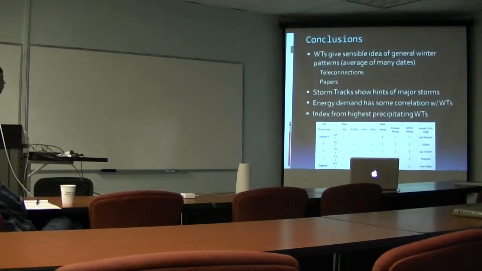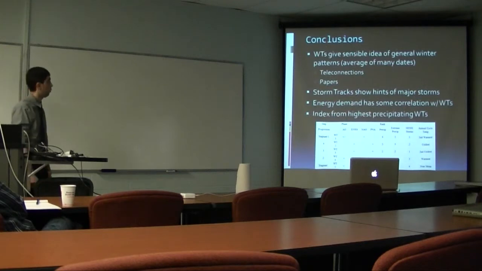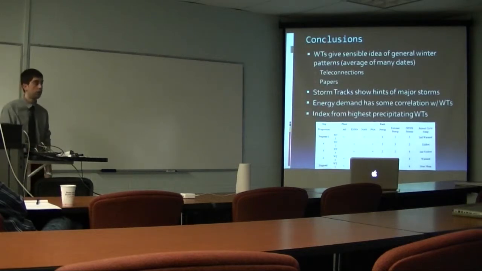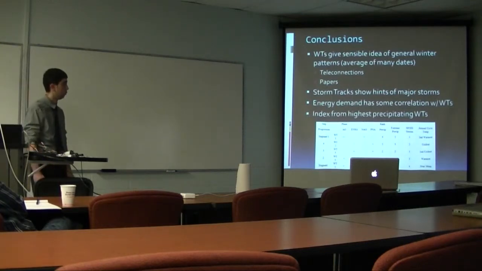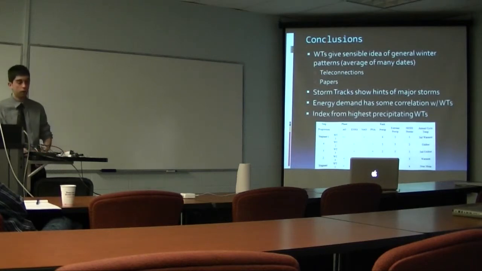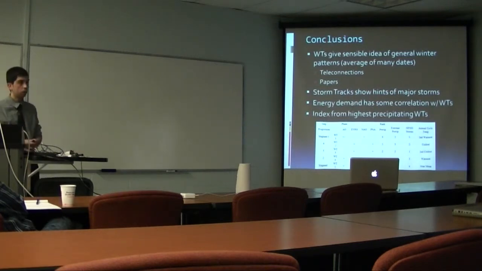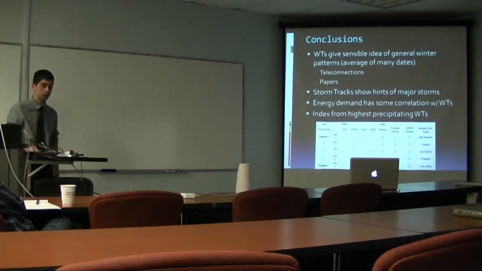Okay, so now as far as my conclusions go, weather types give a good, sensible idea of general weather patterns. It is the average of many dates, so all those dates are important. We took a look at the teleconnections, and those papers that I've referenced in my thesis give a good idea as far as what they do to move the storm tracks, and where the lows go because of those teleconnections.